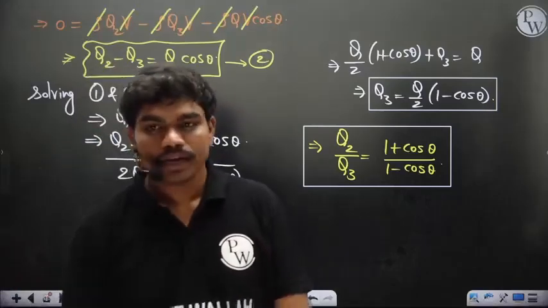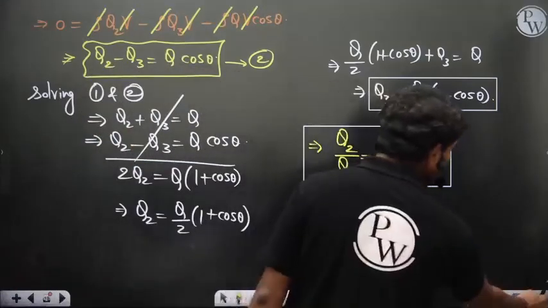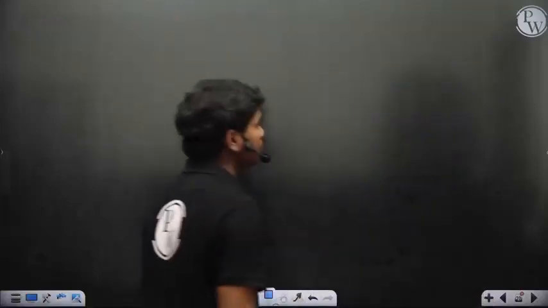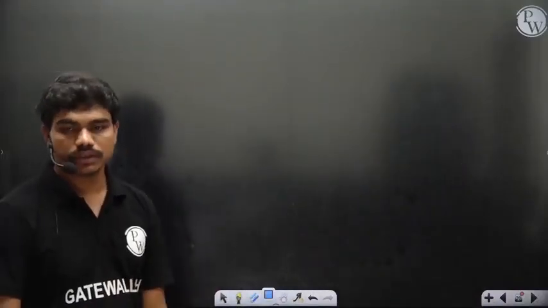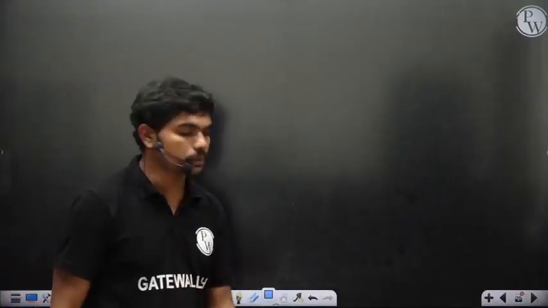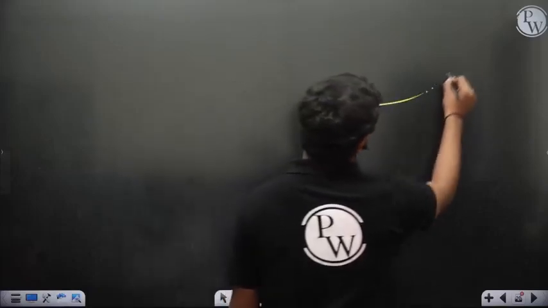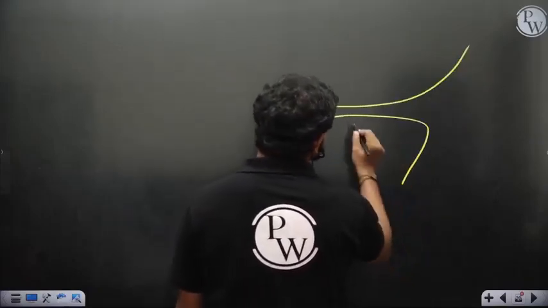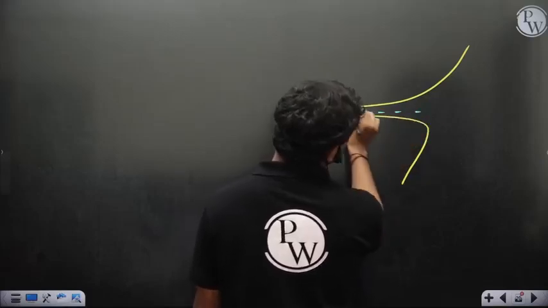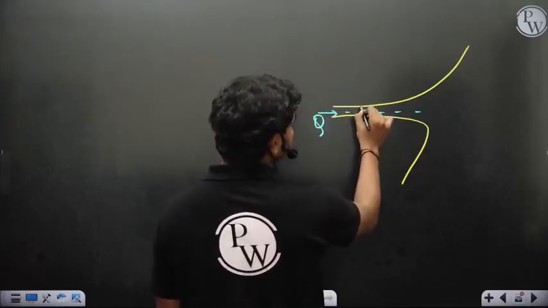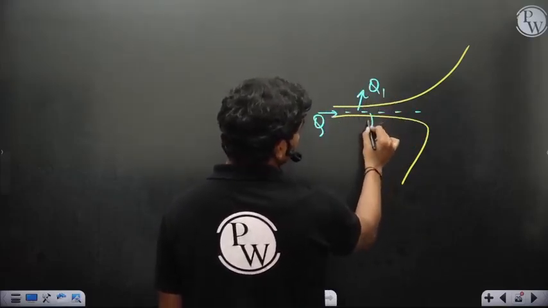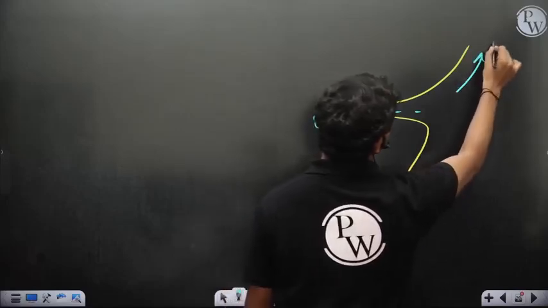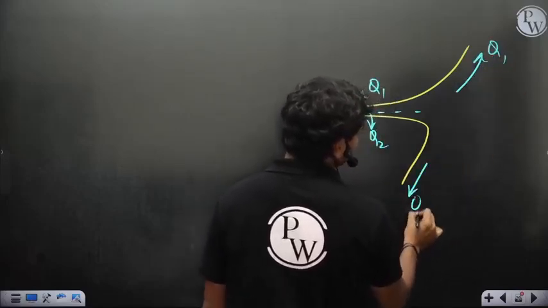Now let's see. If you apply Bernoulli's equation, fluid is going in this way. Let us split this total discharge Q into two parts, Q1 and Q2, so that Q1 is going in this direction and Q2 in this direction.